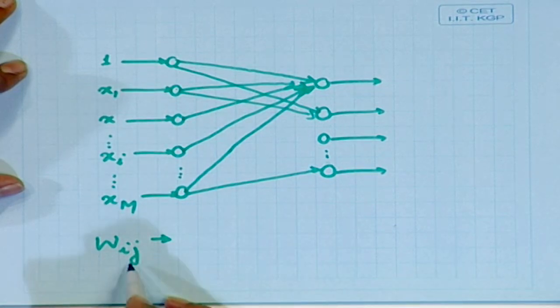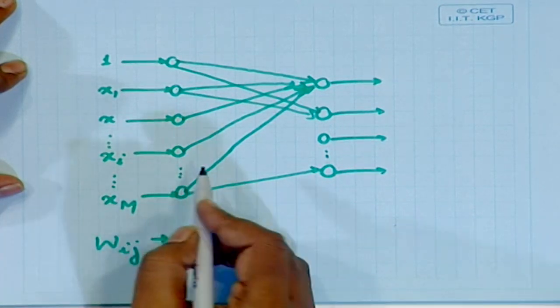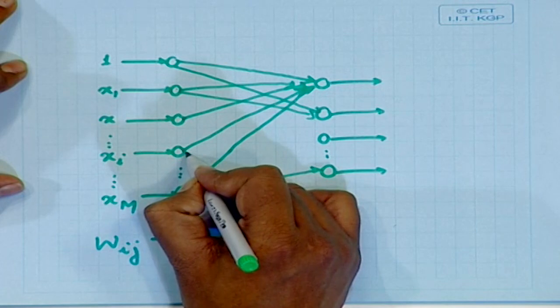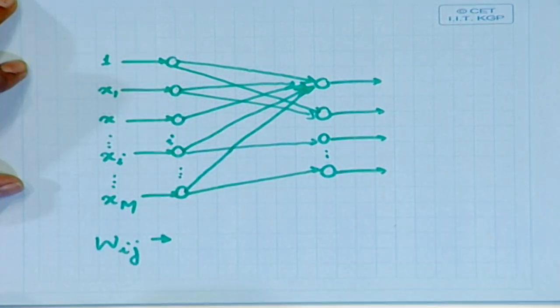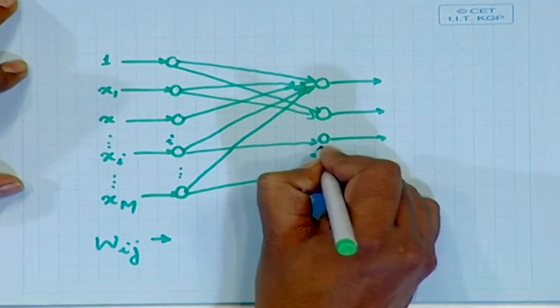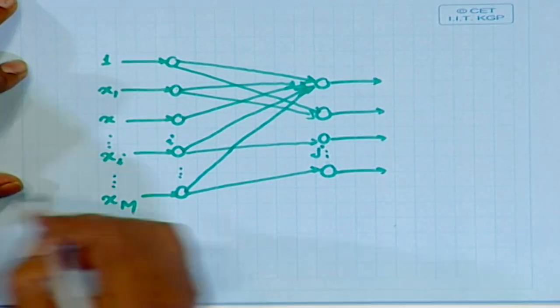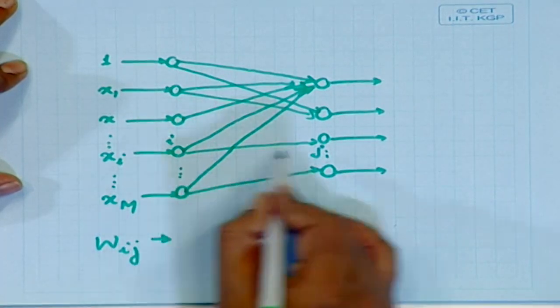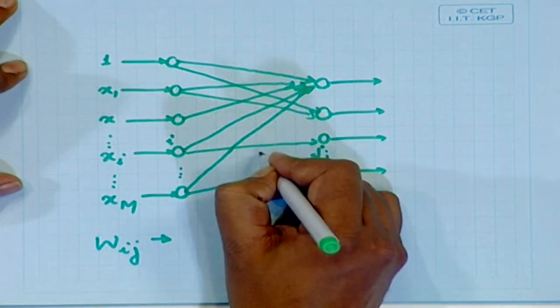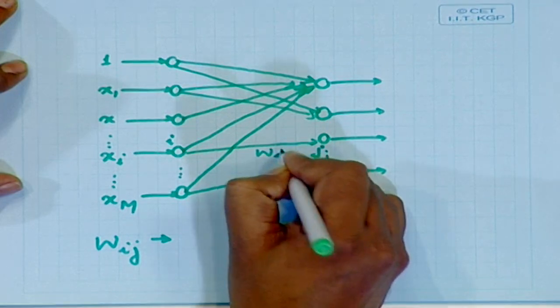So, this may be my ith node of the input layer and this is the jth node in the output layer. This connection weight is represented by Wij.